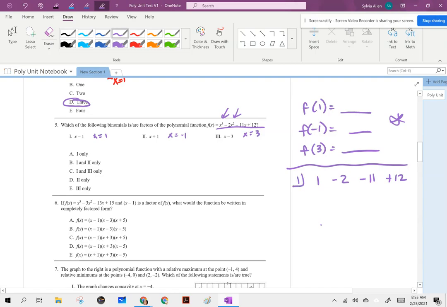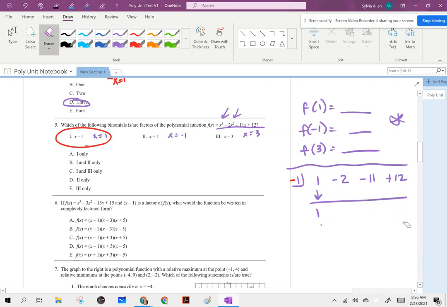So let's just go ahead and do this really quickly. I know that this is 1. I'm going to get a 1 here, negative 1, negative 1, negative 12, negative 12, 0. So I know that this is a factor because I got a remainder of 0. Now I'm going to try negative 1.